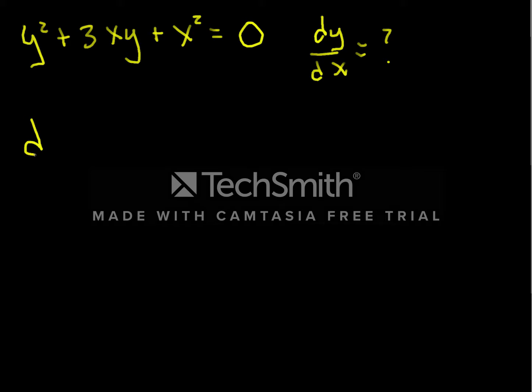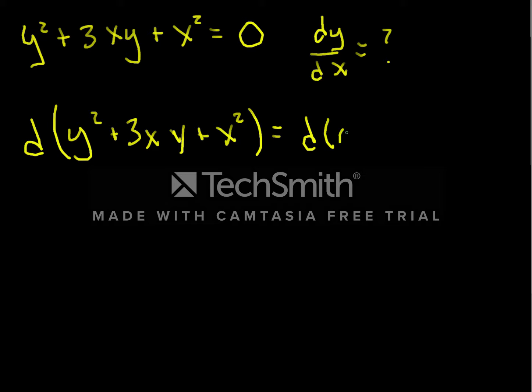So we take the differential of the left-hand side, y squared plus 3xy plus x squared, and it's got to be equal to the differential of the right-hand side. Of course, the differential of 0 is 0. Following our rules, the differential will distribute across addition.